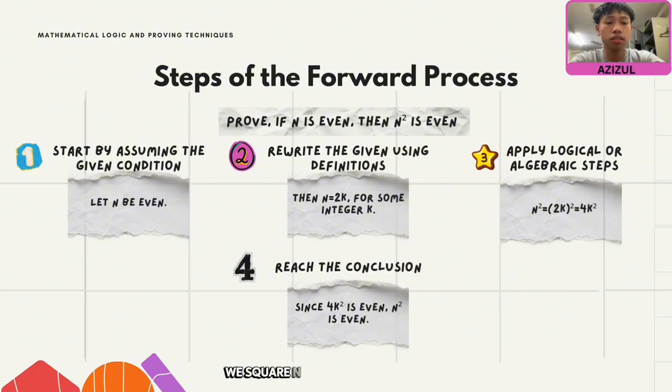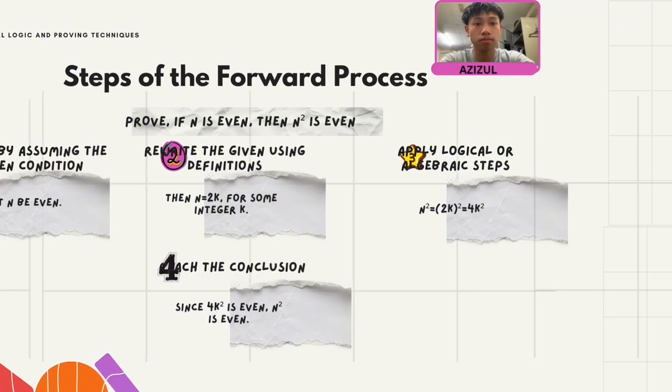We square n, so n squared becomes (2k) squared, which is 4k squared. Step 4, we reach the conclusion. Because 4k squared is even, we can conclude that n squared is even. This shows how the forward process works by moving logically from the assumption to the conclusion.